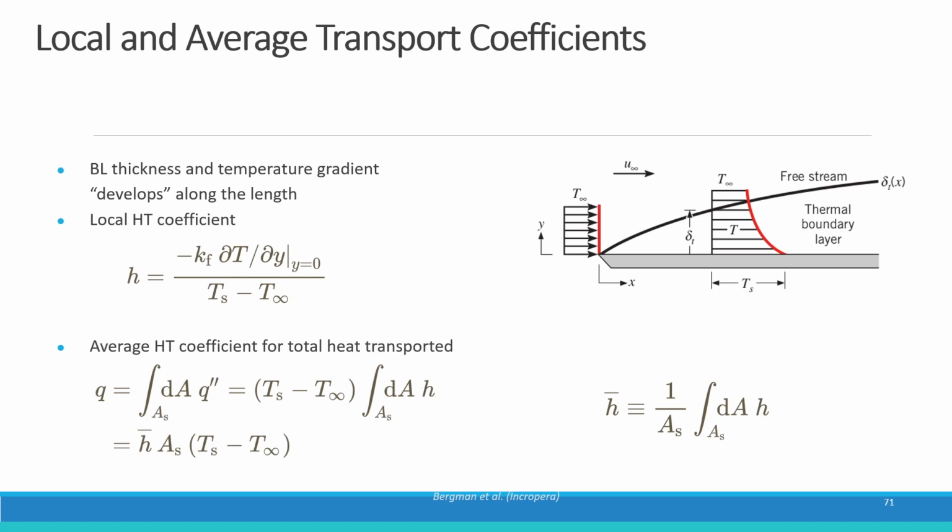But in order to find the overall heat transfer coefficient for the entire area or entire object, we have to integrate it over the area. That is, if a local heat transfer coefficient h_x is given, in order to find the overall heat transfer coefficient, we can just integrate it over the entire area and then divide by A_s to find the average heat transfer coefficient.